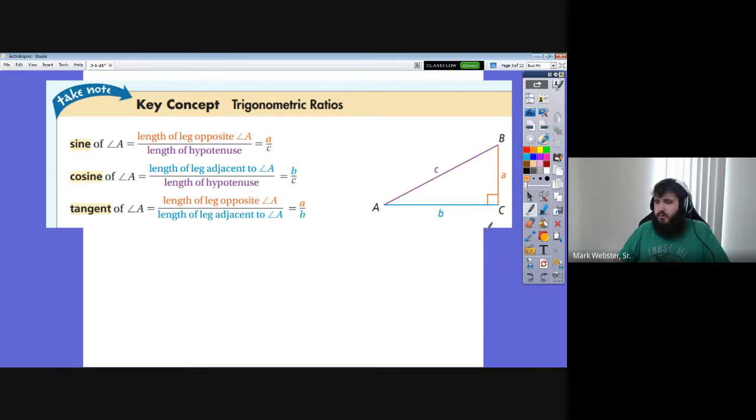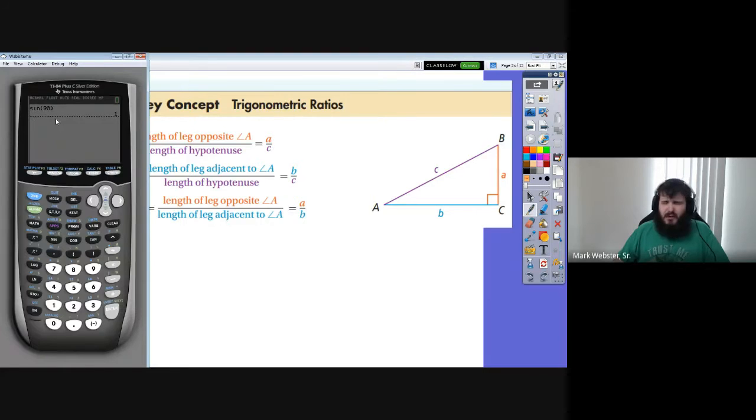So you go through, like I typed in the sine of 90 degrees. It doesn't matter, I could type in some random thing, and I will get a value.